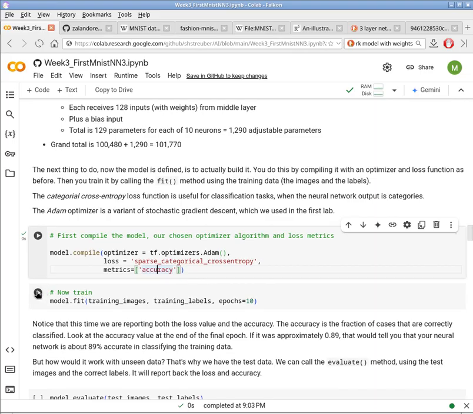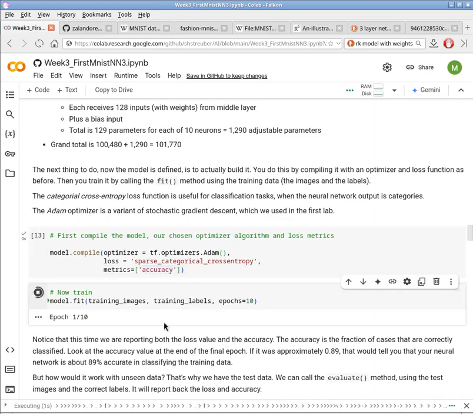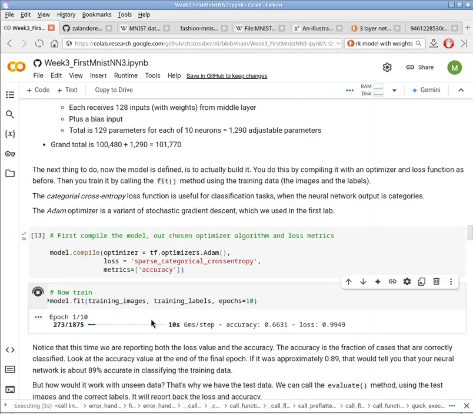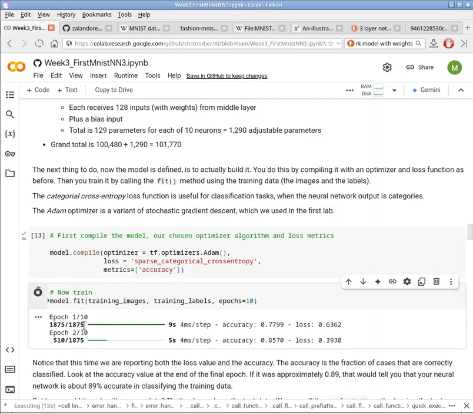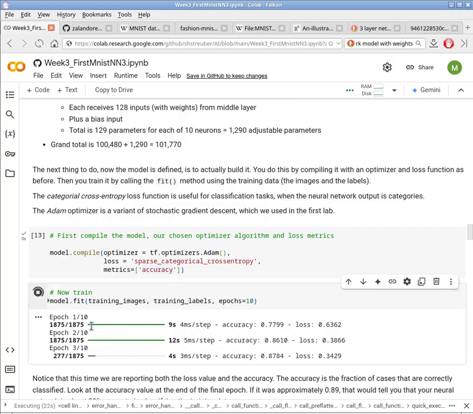So let's get that started. You can see epoch 1 finishing up in just a little bit. We notice that each epoch has 1875. What is that? Well, we're doing the thing with batches. It's putting the data through in batches, as we discussed in class last week.